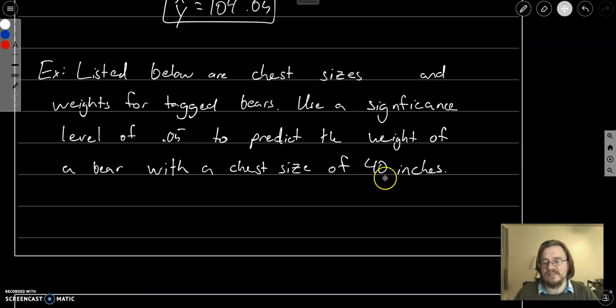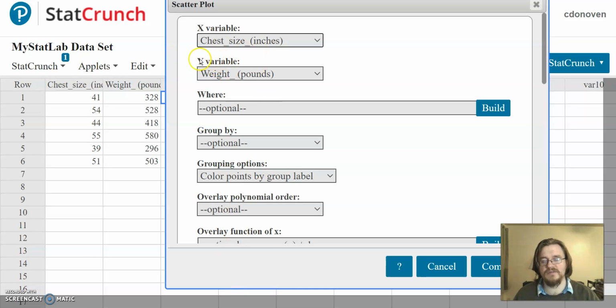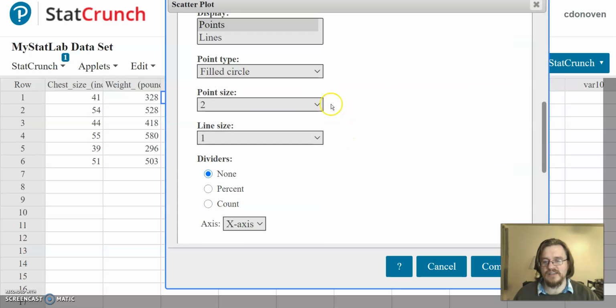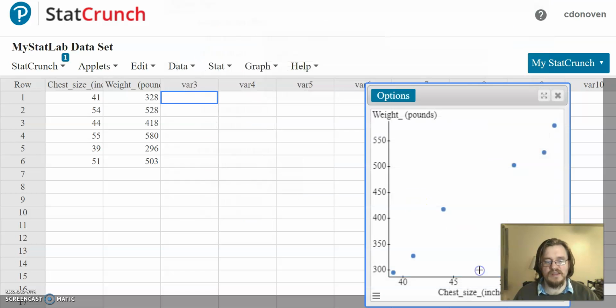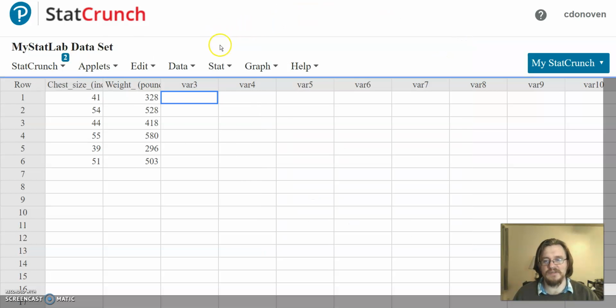This means that the chest size should be the independent variable, and the weight depends on the chest size. So the weight should be the dependent variable. So weight is y. Just for our scatter plot, we don't need to do anything else. And when we look at it, yeah, this looks pretty linear. So we're good to go. We can do linear regression.